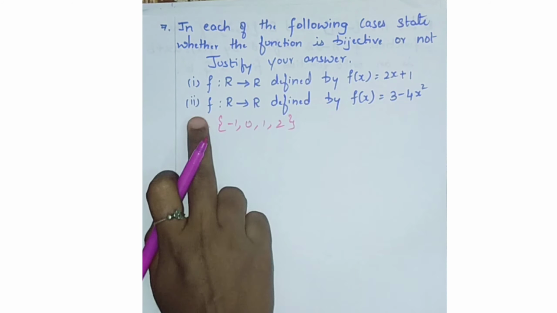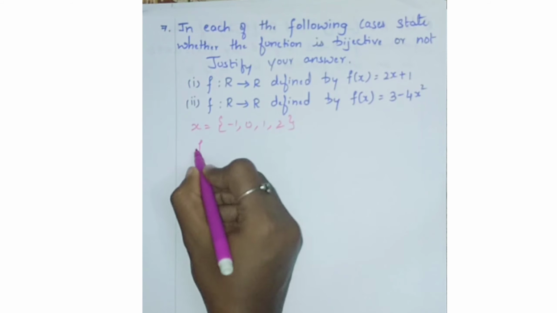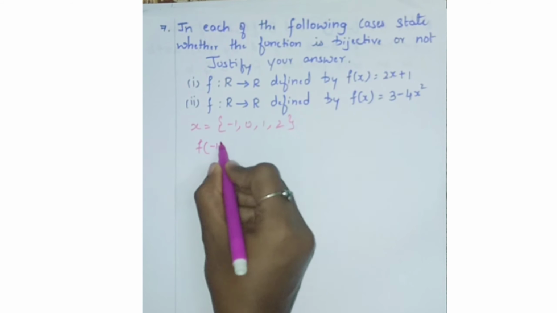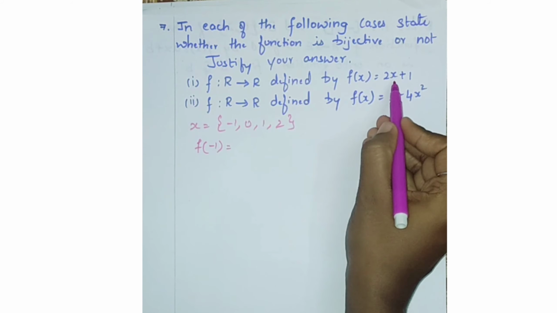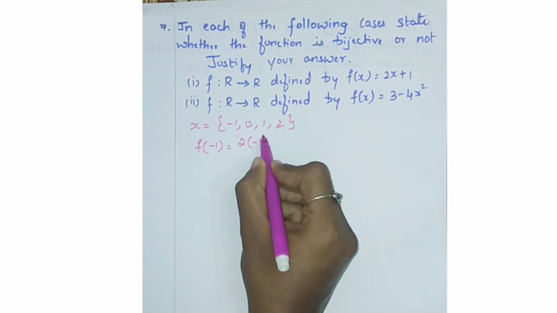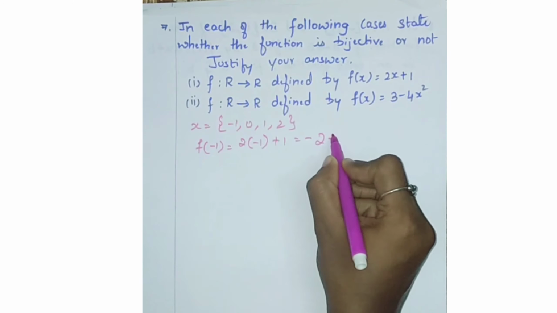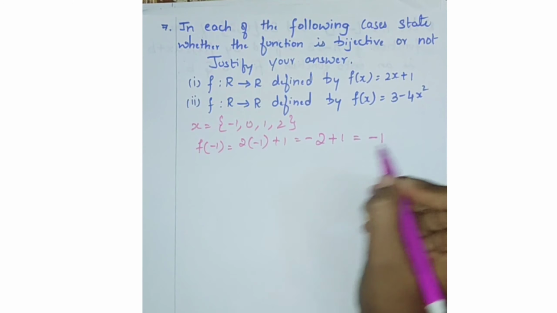Now I'll substitute this x value in f of x place. So first is f of minus 1. Wherever you have x, substitute minus 1. So 2 into minus 1 plus 1, which is minus 2 plus 1. That is minus 1.